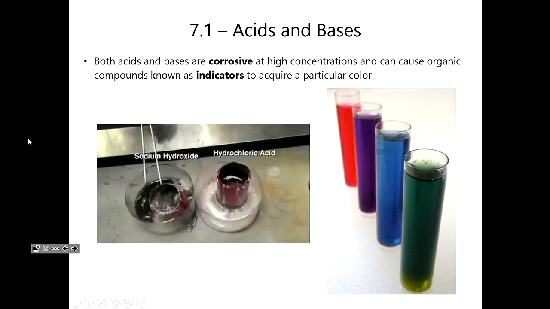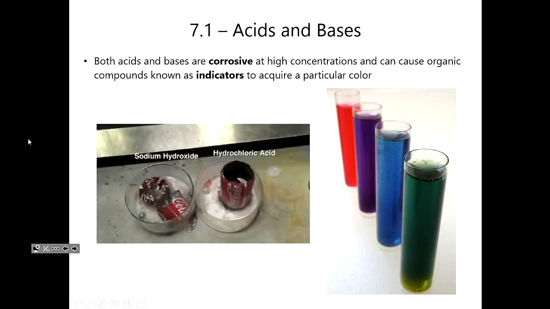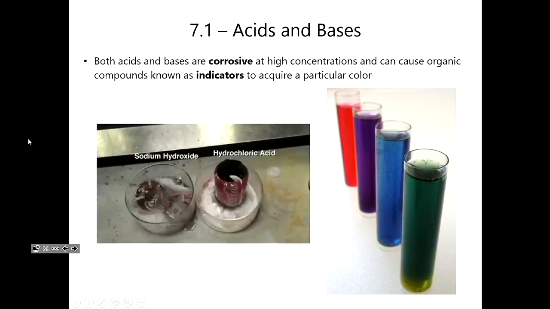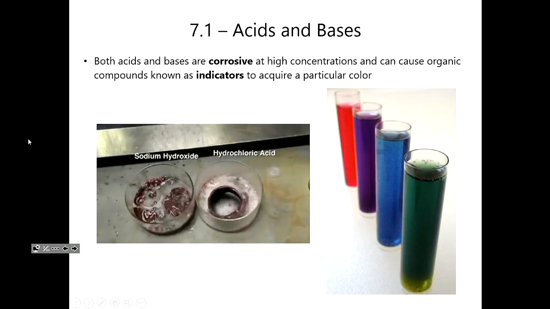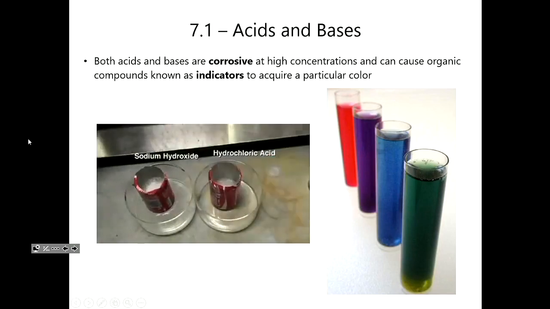So the whole gamut of colors, from colorless to yellow to green to blue to purple to whatever, right? All colors can be displayed depending on what substance you use and how much acid is present.